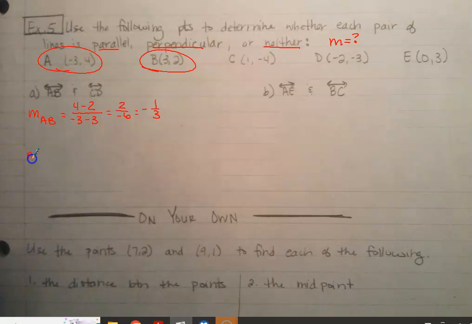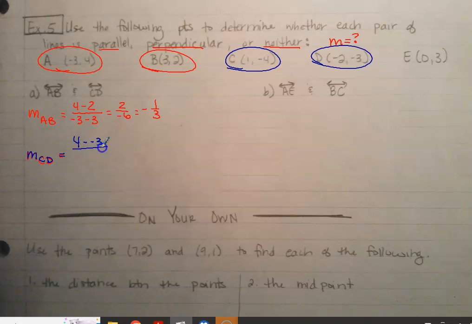All right, so now let's do the slope of CD. I'll do these in a different color. All right, C and D I'll do blue. So let's change this. The slope of CD equals. All right, for that I'm going to do 4 minus negative 3 over 1 minus negative 2.